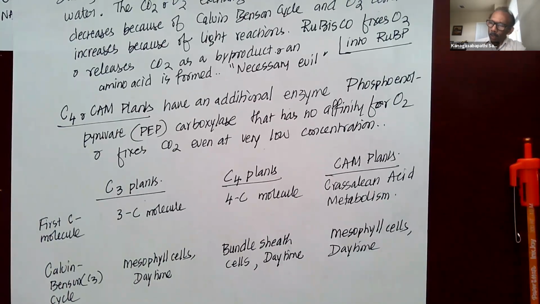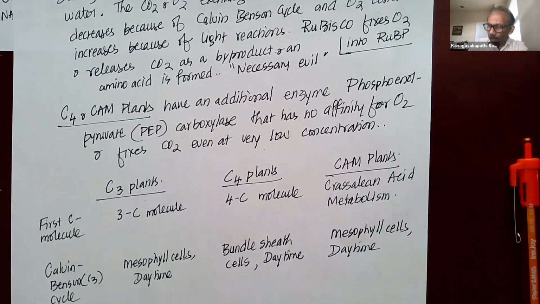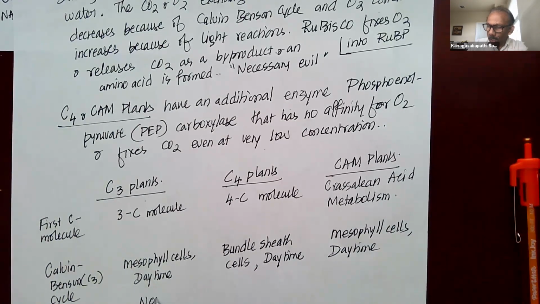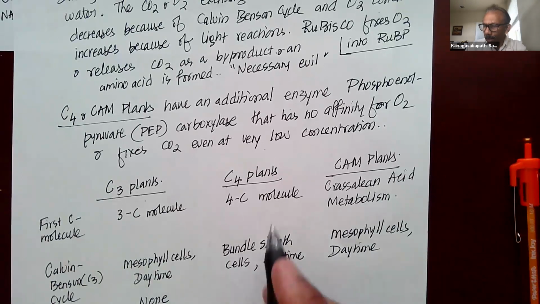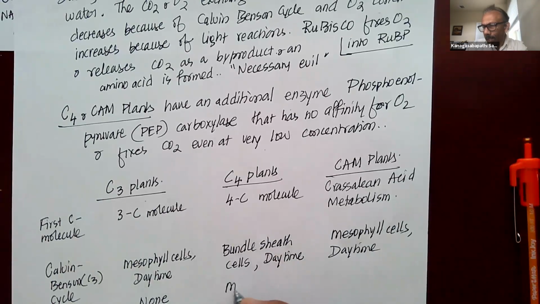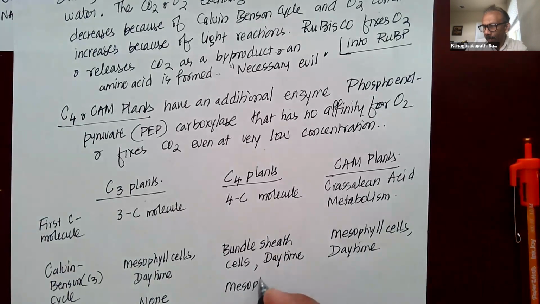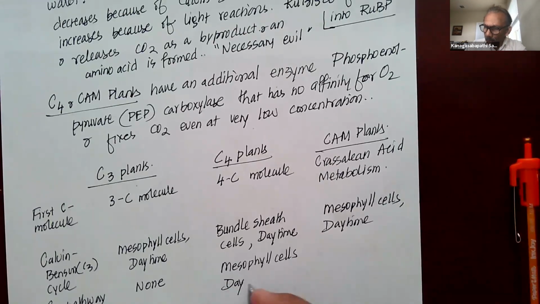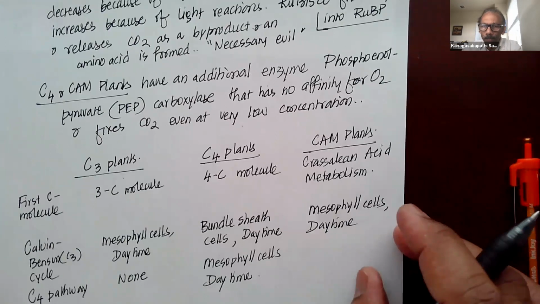Okay. So the C4 pathway is not present in the C3 plants, but in C4 plants, that happens in the mesophyll cells, the PEP carboxylase fixing the carbon dioxide into a 4-carbon molecule.